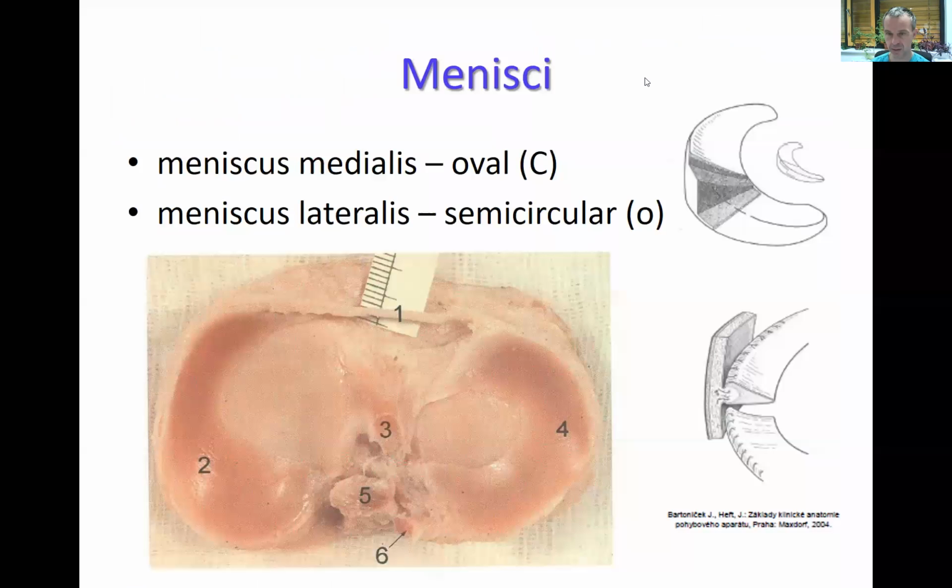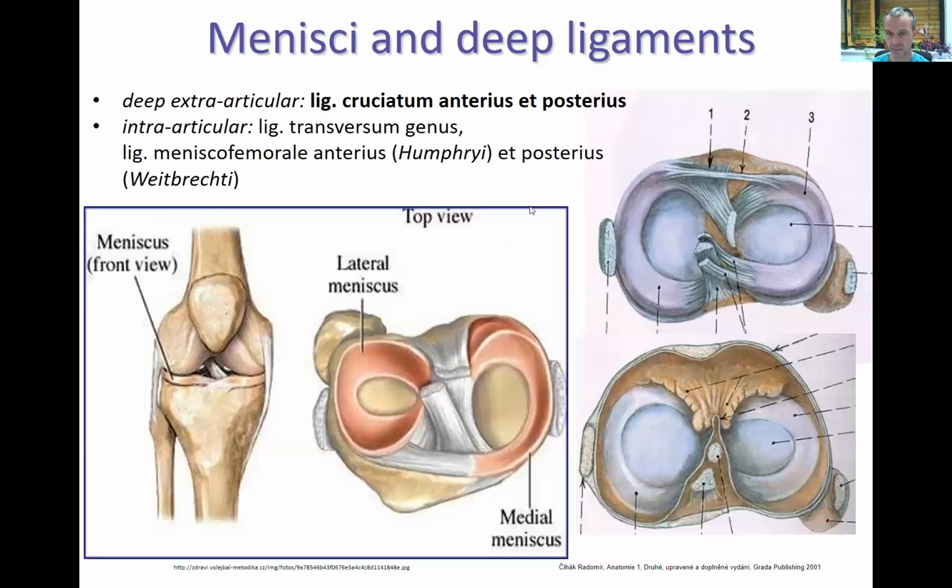Then we have the ligaments inside, and we find the only true intra-articular ligament, which is not covered by synovial membrane. That's the transverse genicular ligament. Then there are two ligaments which are not truly intra-articular, as they are located outside the synovial cavity: the anterior and posterior cruciate ligaments.